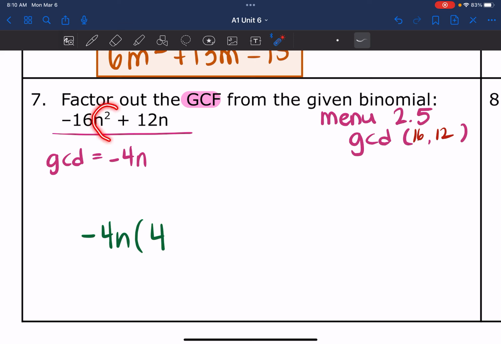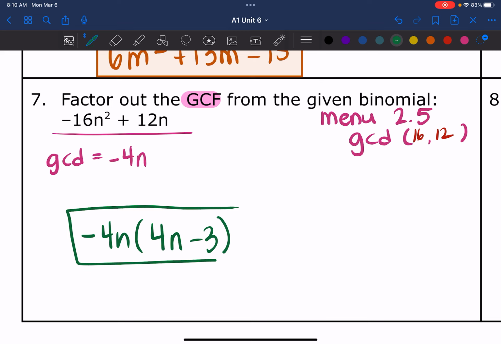And then n squared divided by n just goes down a power, so it'll be regular n. Then the second part, positive 12 divided by negative 4 is negative 3. And n divided by n, they basically just cancel out, so there's no more n in that second term. This would be our final answer. So you have to find your greatest common factor and then also divide by that.